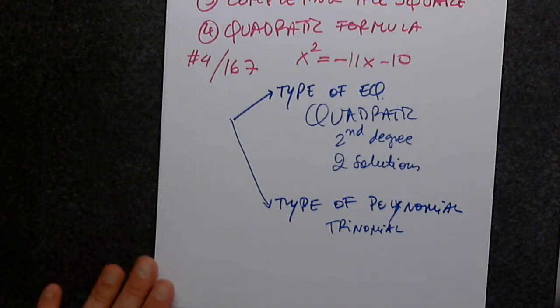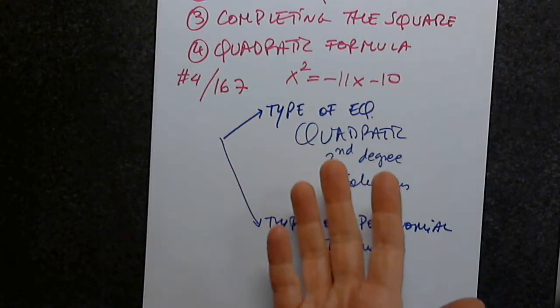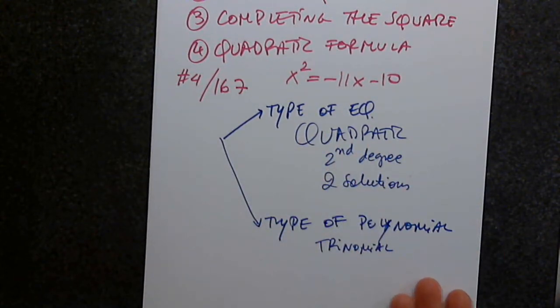So when I'm given an equation, I always ask myself, what type is it? And I know 3 types by now. I know linear, I know rational, and this is the third one, quadratic. Now, when I'm asking what type of polynomial that is, you can say quadratic polynomial or a trinomial.